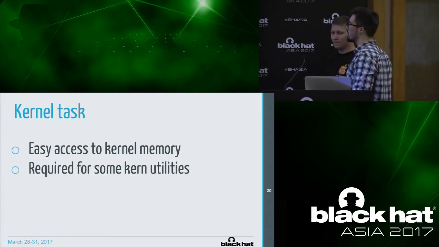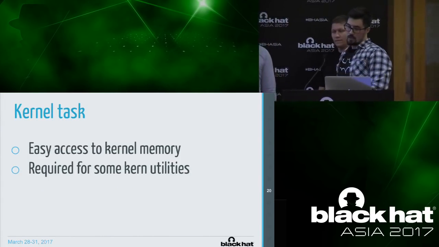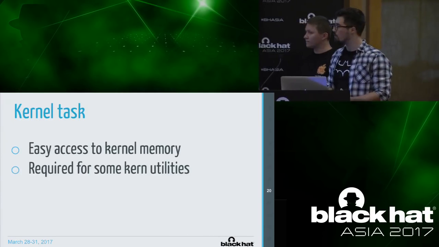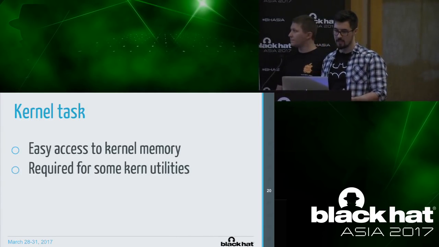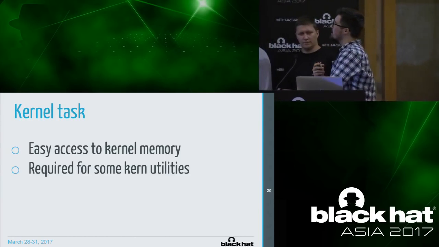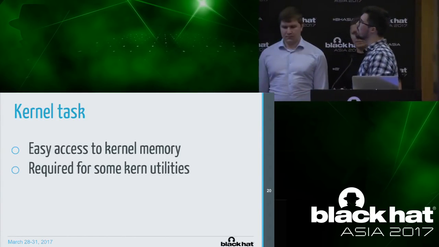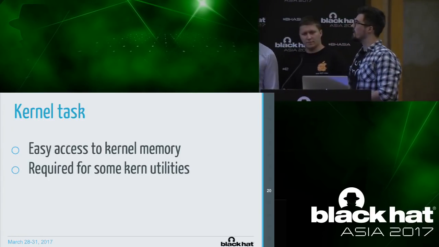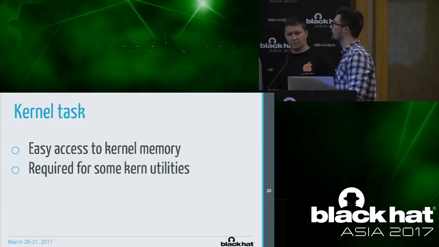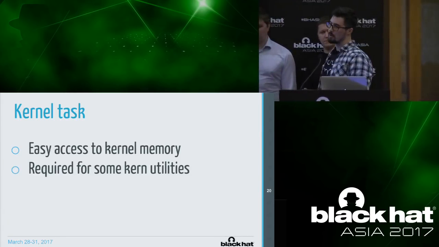The next thing is the kernel task. The task port is a type of Mach port, and it has a pointer to the struct task in kernel memory. So if we have send rights to this port, we can control the virtual memory of any process.